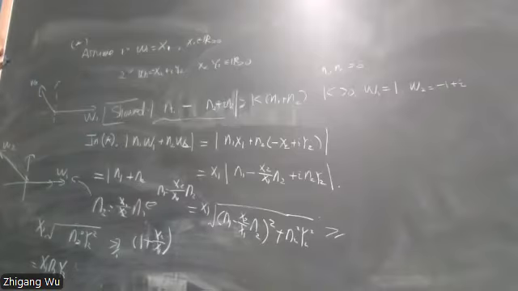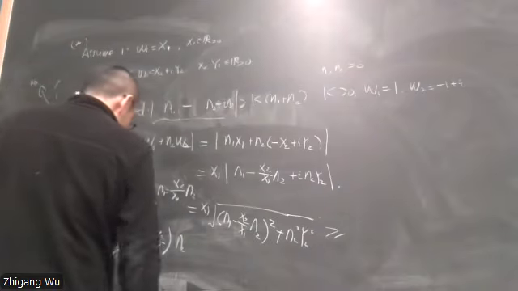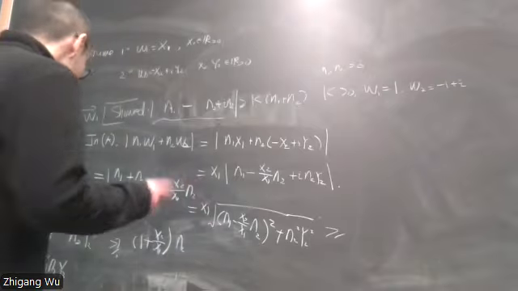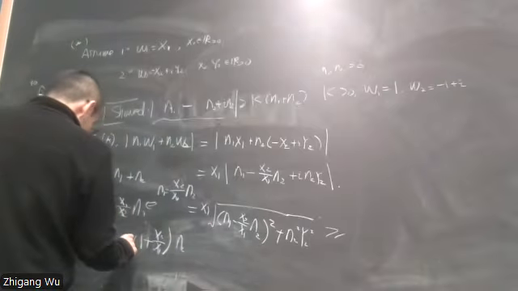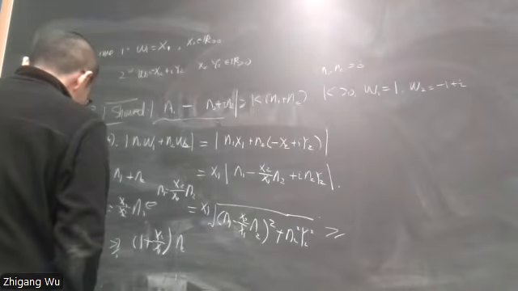So can I actually multiply by some constant? I think so, right? So I can certainly multiply some constant to make this term to be less than that. Yes.